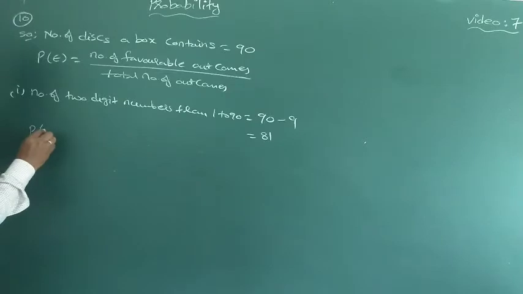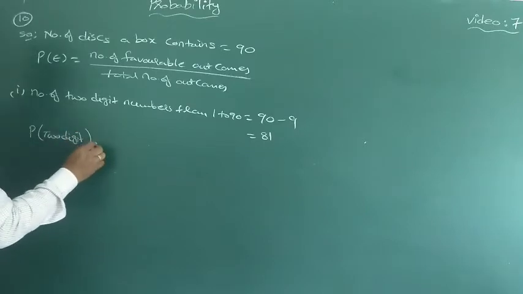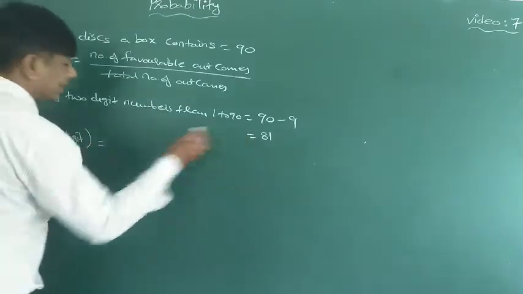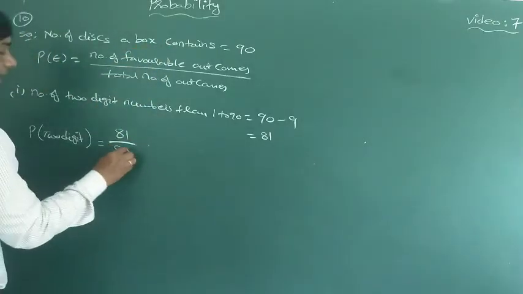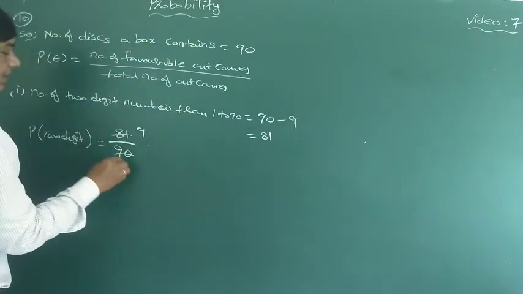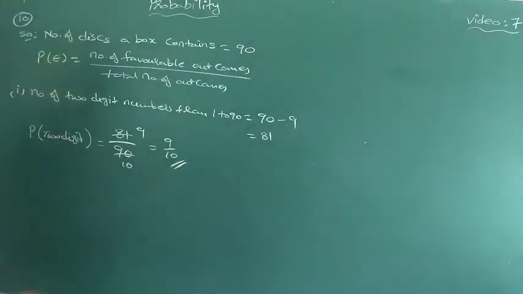Now, probability of a 2-digit number: 81 out of 90. 9 9s are 81, 9 10s are 90. 9 by 10 will be your first answer.